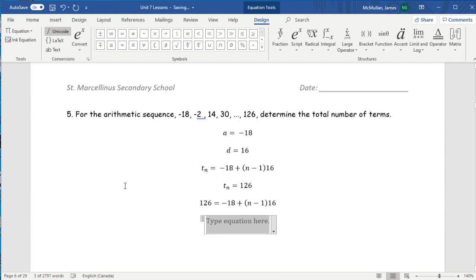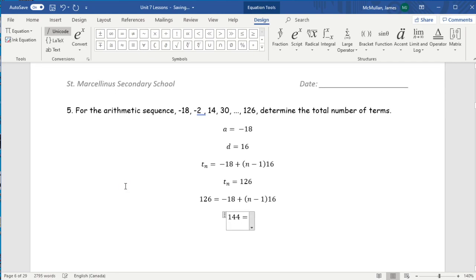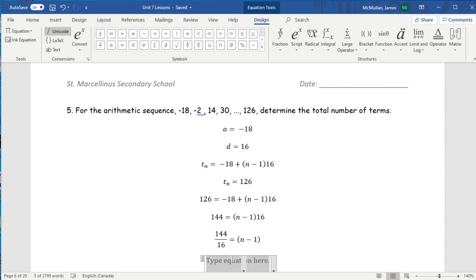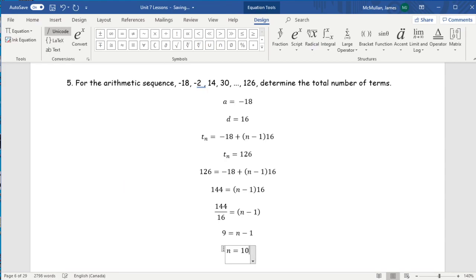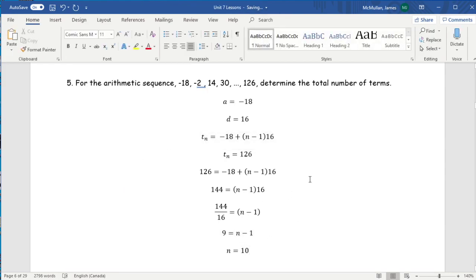So we'll bring the 18 over to our side. We get 144 equals n minus 1 times 16. 144 over 16 equals n minus 1. 144 over 16 is 9. So n is 10, so it would be the 10th term of the sequence.